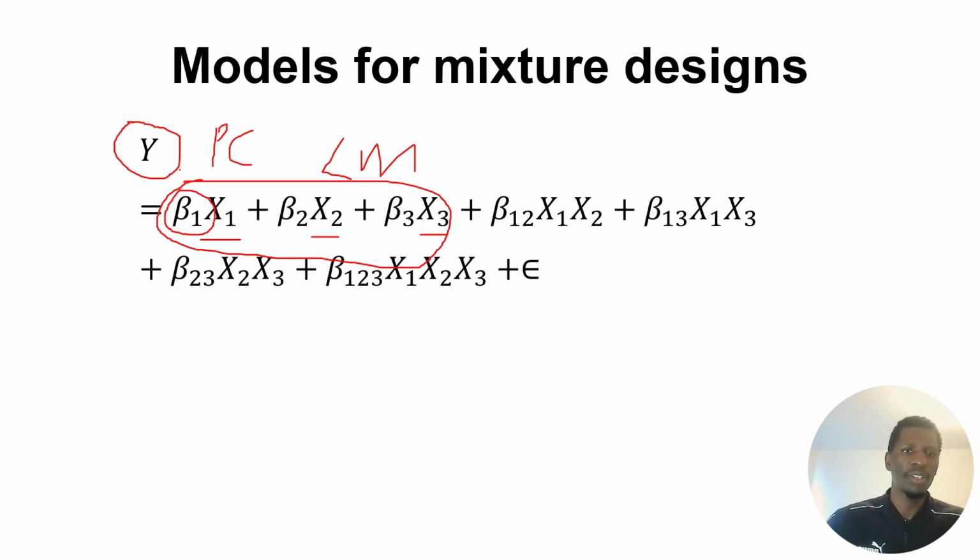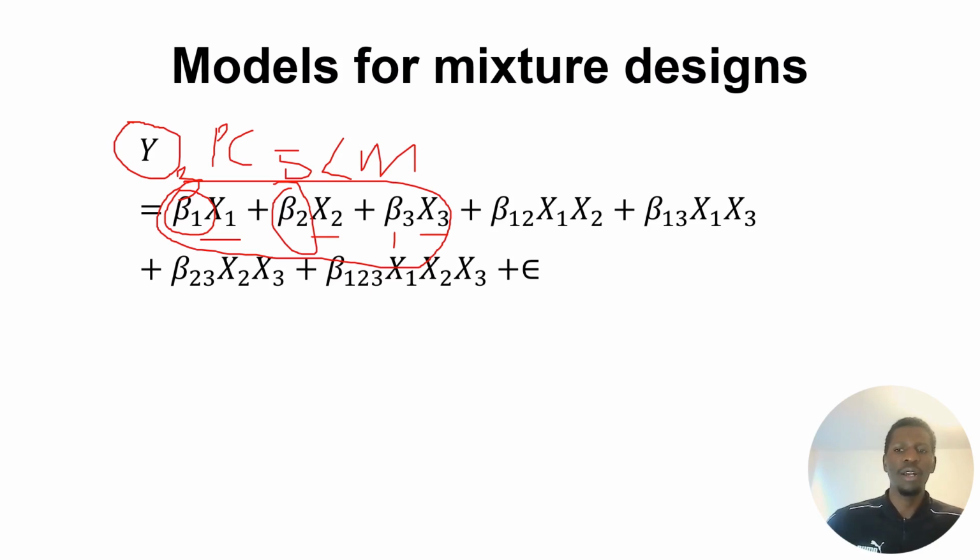If beta 1 here was equal to 3, beta 2 equal to 5, and beta 3 equal to, let's say, 1, this means that ingredient x2 has the largest effect on the protein content. Ingredient x2 increases the protein content of the food product more than ingredient x1 and more than ingredient x3. So that is looking at the single effects.